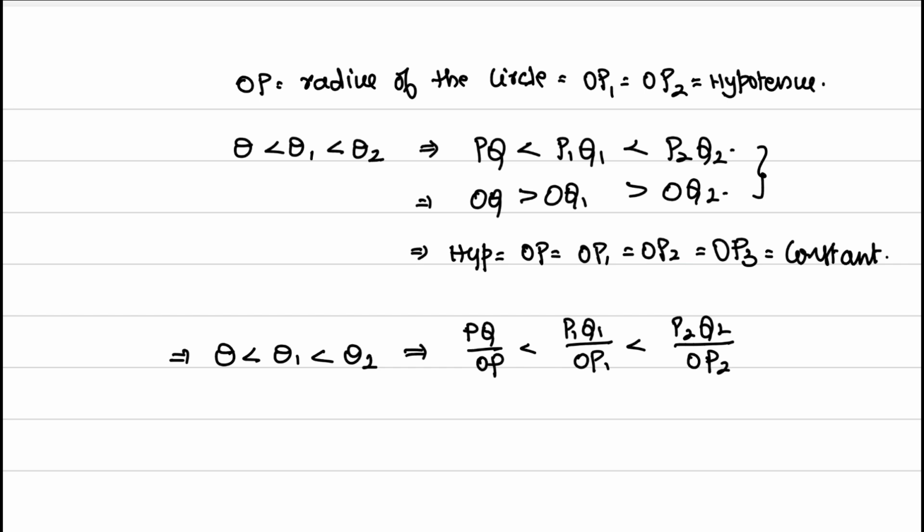Because OP, OP1, OP2 are constants, when you divide a quantity by a constant, the inequality doesn't change.